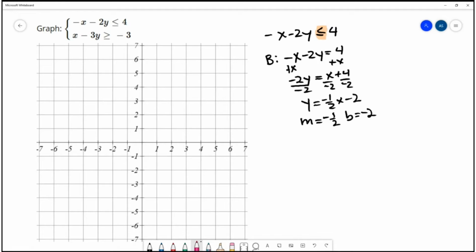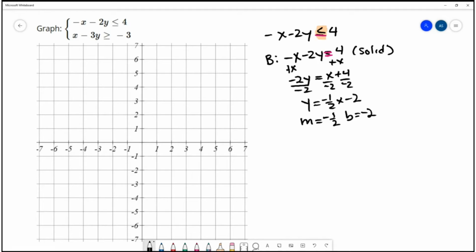The boundary line, remember, is equal to, and if you have the equal to in your inequality, you would draw your boundary line as a solid line. Solid line means that the boundary is part of the solution.